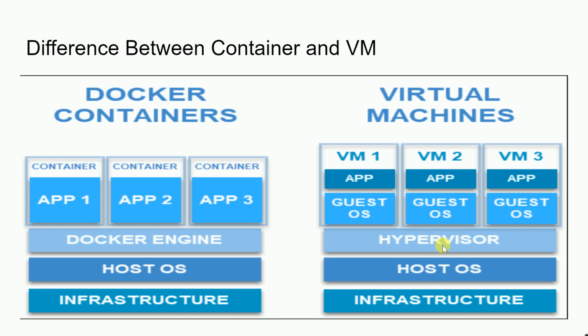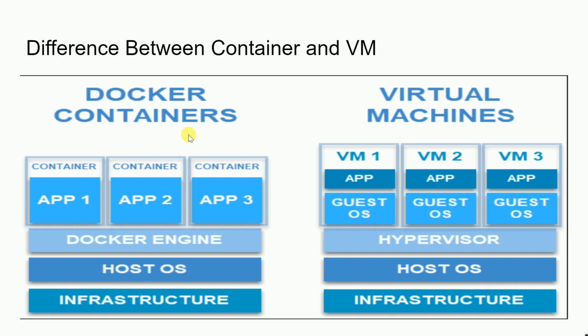Then we need to set up a layer of hypervisor. There are numerous examples of hypervisors like Hyper-V, ESXi, Oracle, IBM hypervisor, and KVM. There are lots of hypervisors available in the market. We need to install it on the operating system. Then we have the guest operating system. When you set up the virtual machine, you need to set up a machine and then install the operating system. Then you can set up the application.